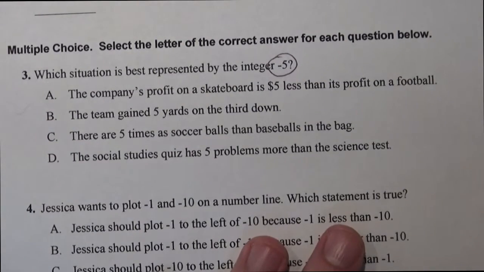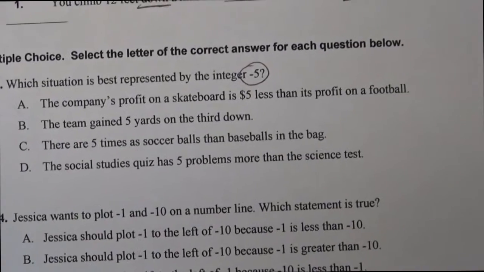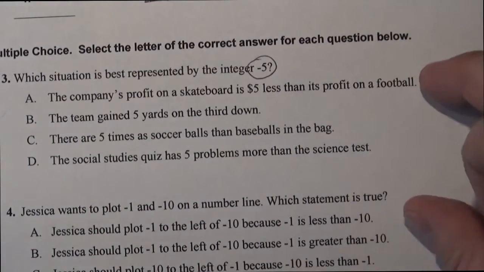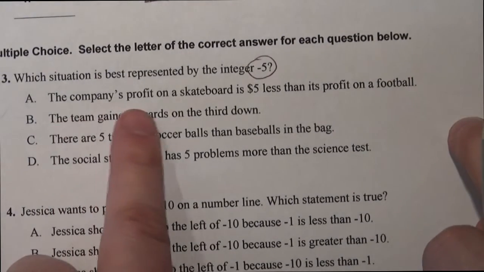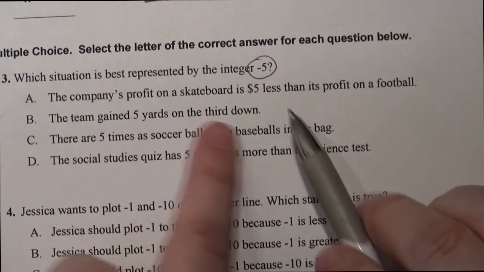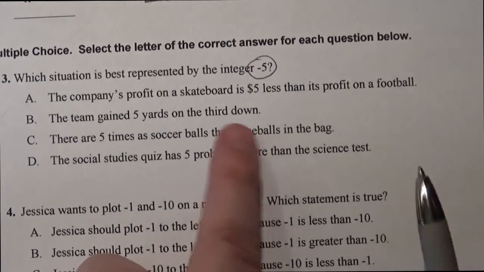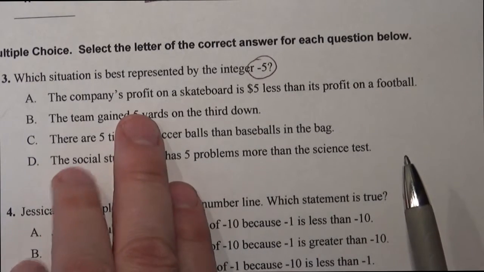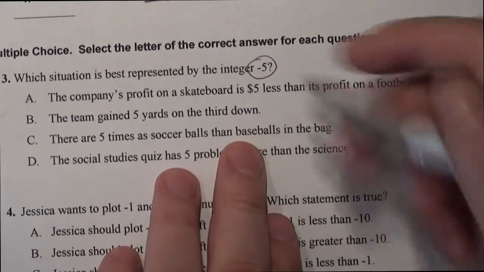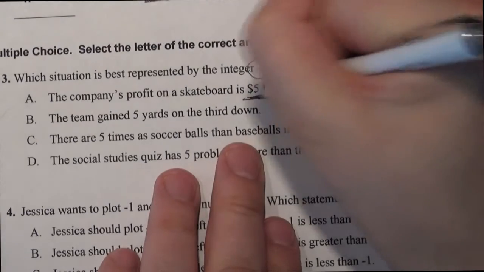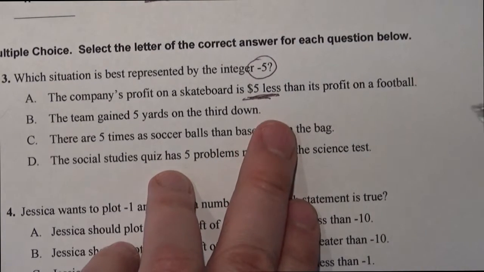What I'm going to do here is look at A, B, C, and D and try to figure out what each sentence represents. The company's profit on a skateboard is $5 less than its profit on a football. This sounds confusing because I see profit and I see less, but it's $5 less, right? They're making $5 less.